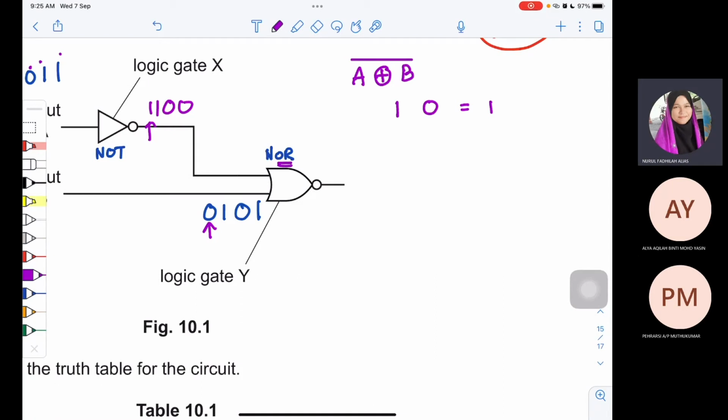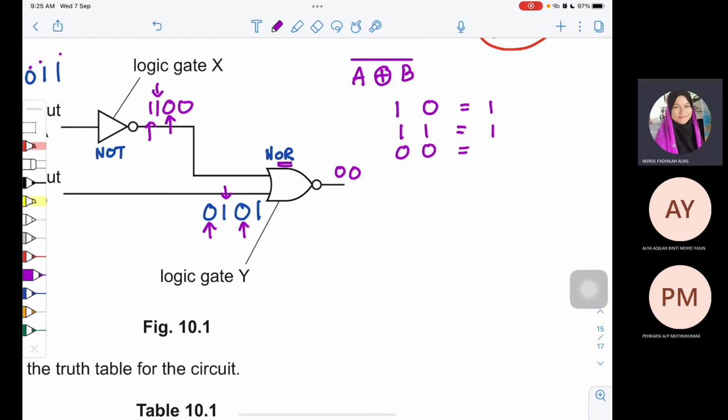Sebab OR. But dia ada bar dekat sini, maksudnya dia akan jadi opposite. So kita akan dapat 0 here. Next, 1 and 1 OR gives us 1. Tapi sebab kita ada not kan dia kat sini, ada not, dia jadi NOR. So this one will be 0.